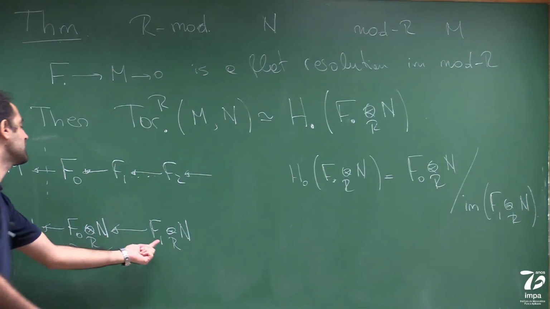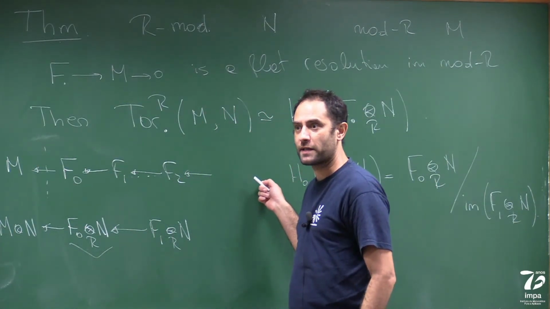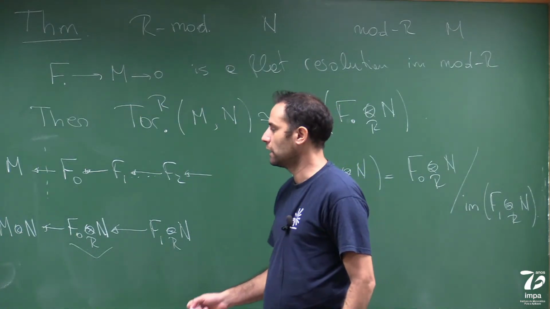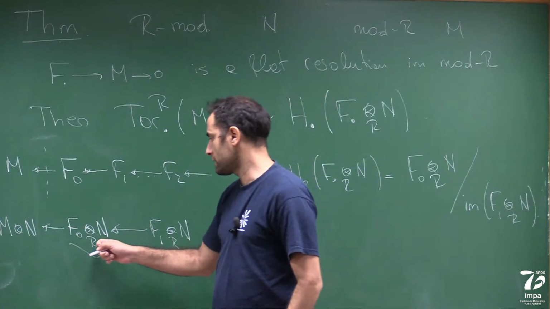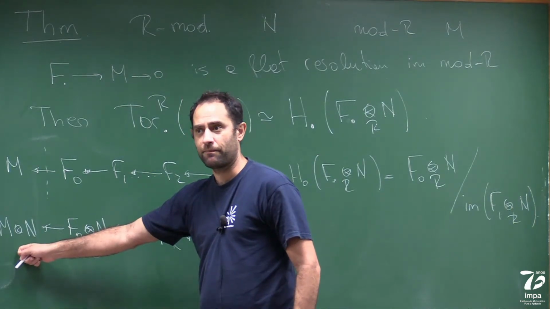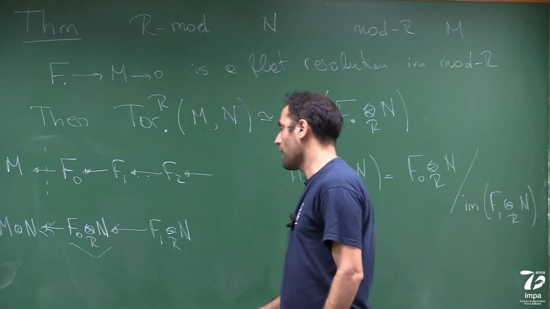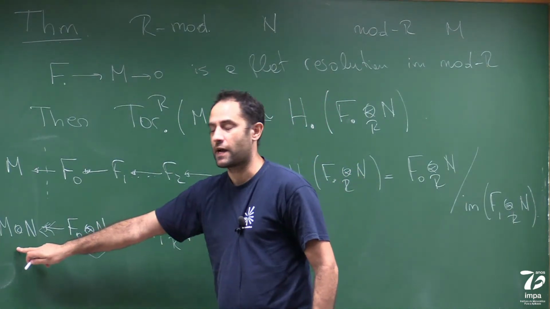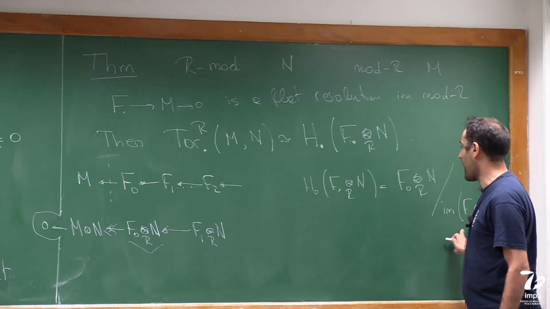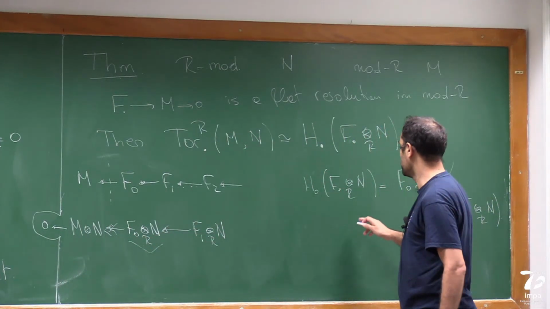So this sequence here is still exact, in the category of just Z modules. So the kernel of this map is everything, the image of this map is everything here, so this map is surjective. And the image of this map is equal to the kernel of this one. That means this divided by the image is the same thing as this divided by its kernel, which is the same thing as M tensor with N.